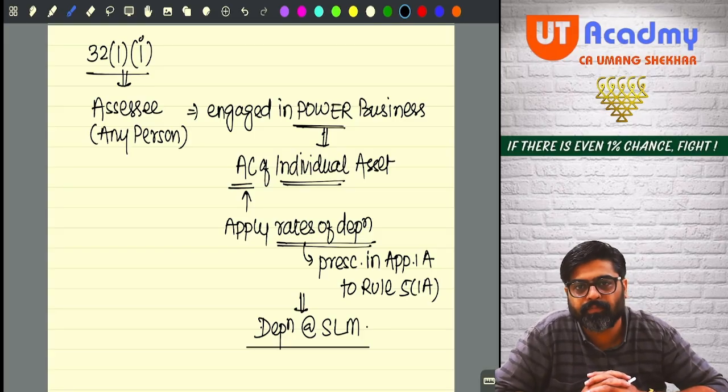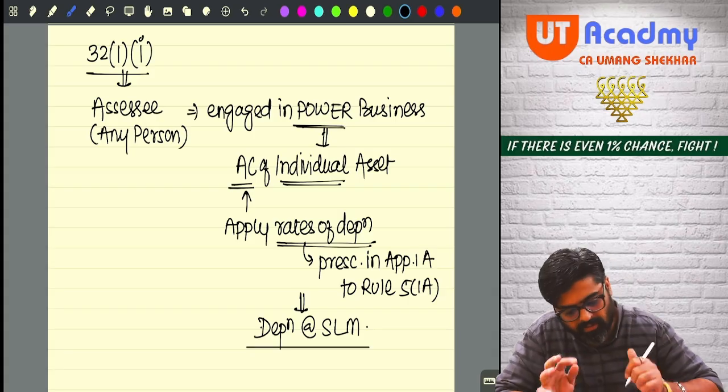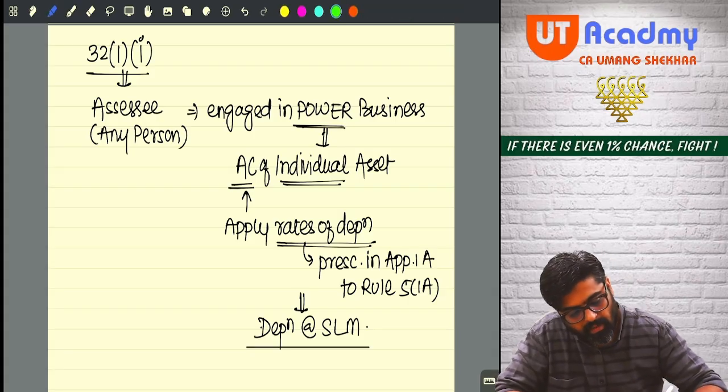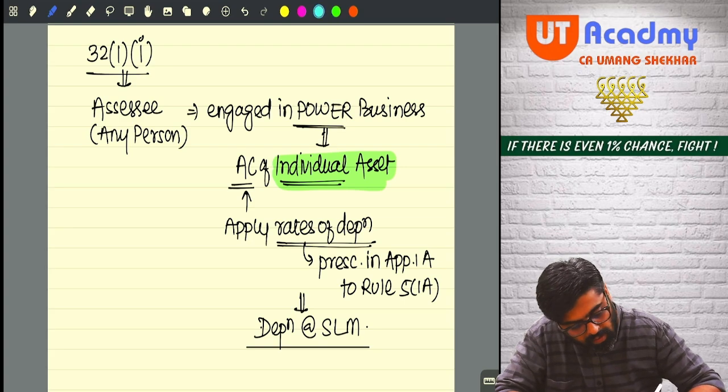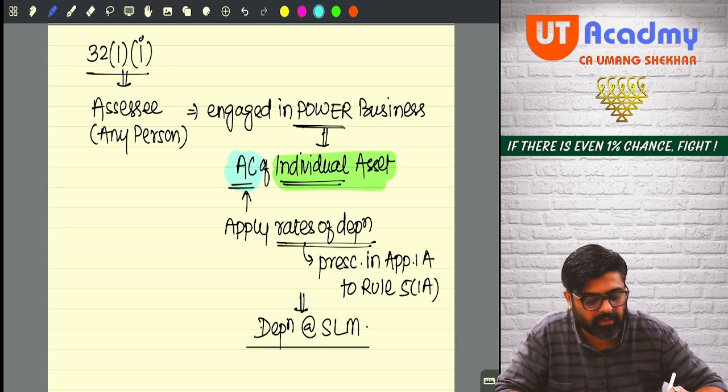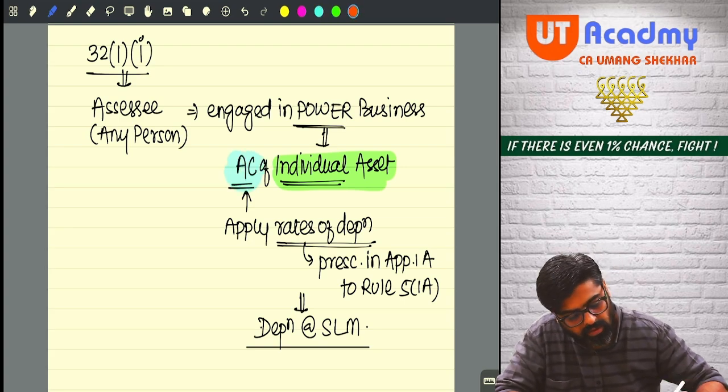So first you are supposed to do what type of business? Power business. Power generation, distribution, transmission, any of these businesses you are doing. In that power business, whatever asset you have acquired, for that individual asset, whatever actual cost of that asset is there, on that actual cost apply the rates.